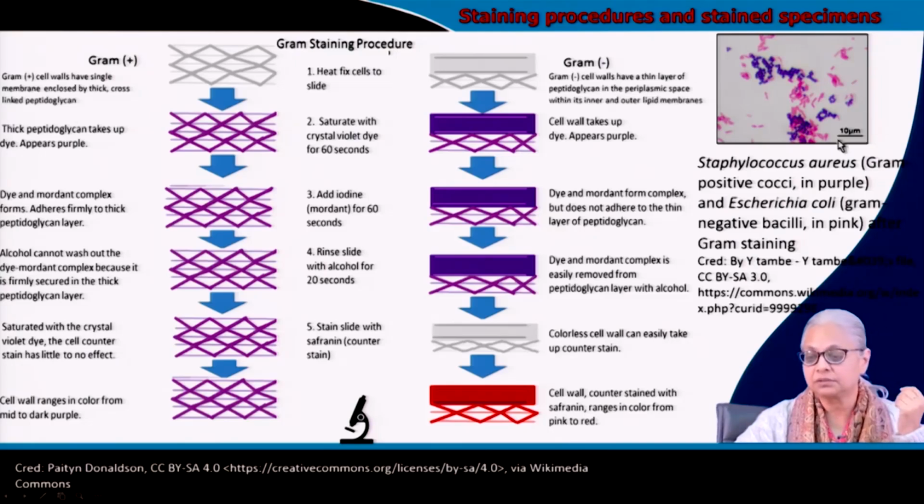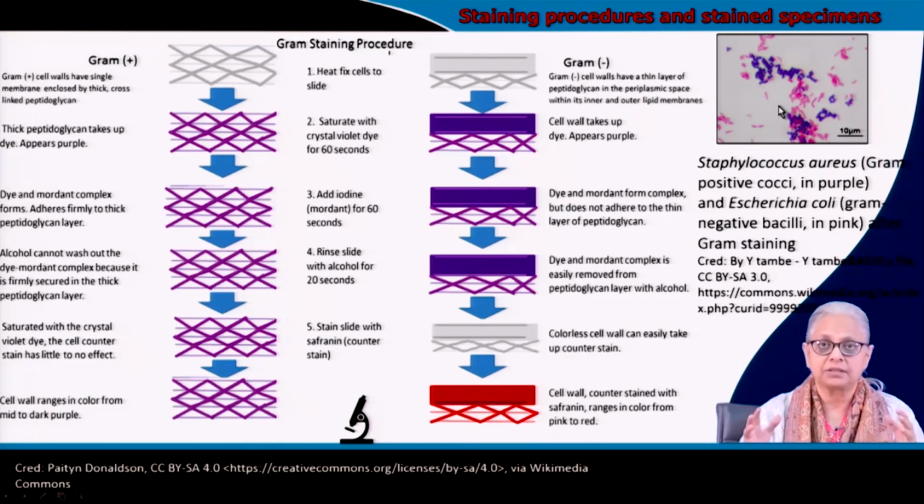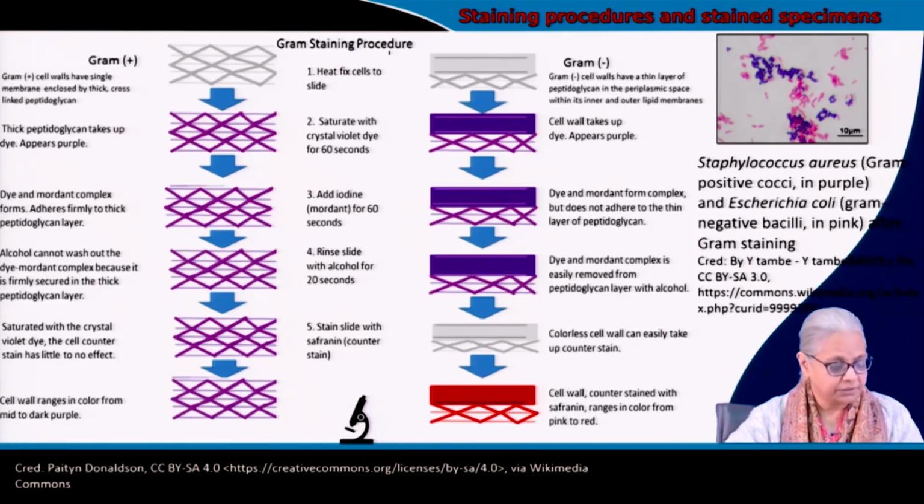You can see this very clearly: you have pink cells and purple cells. The gram-positive cells are purple. These are Staphylococcus aureus, and the others are rod-shaped, that's E. coli, a gram-negative bacillus, in pink. Here you can visualize very clearly the shape as well as the size of these different types of bacteria.